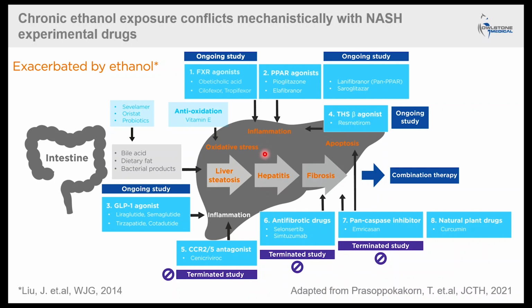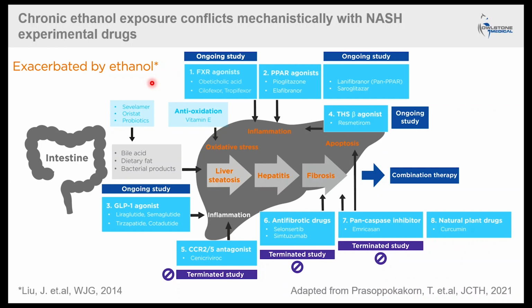In general, these drugs try to correct processes such as inflammation, oxidative stress, and apoptosis. And these processes are all exacerbated by ethanol, meaning that if there is an excessive ethanol production in the gut, it may be that this ablates the beneficial effect of the drug, and therefore reduces the probability of having an improvement after the drug treatment.